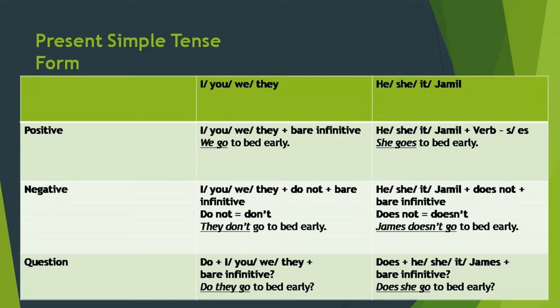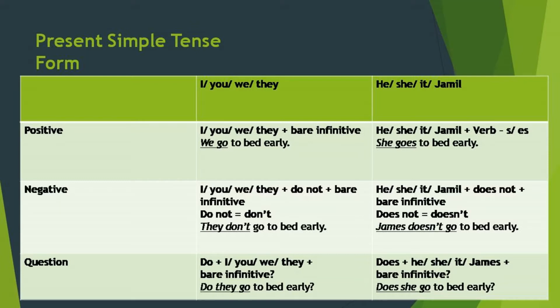And in any negative sentence, we have to bring an auxiliary verb, then we have to add not or the short form of not with it. Example: they don't go to bed early.